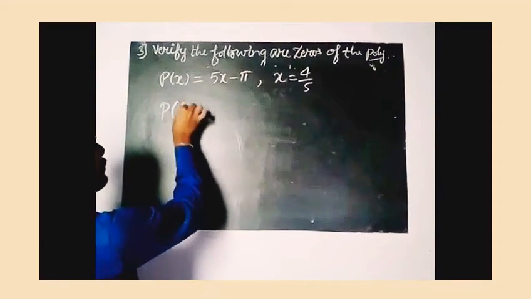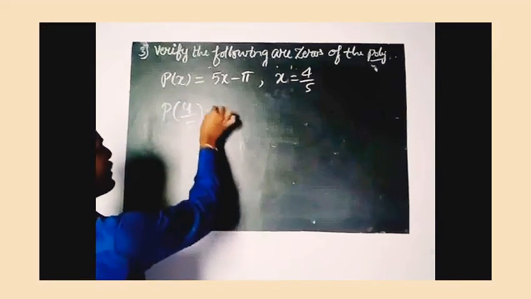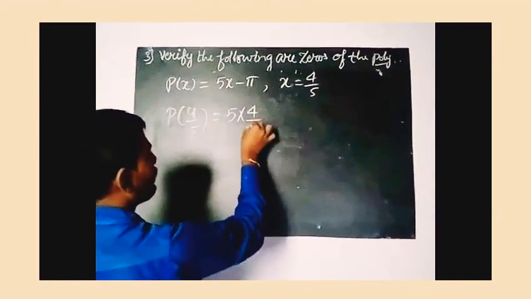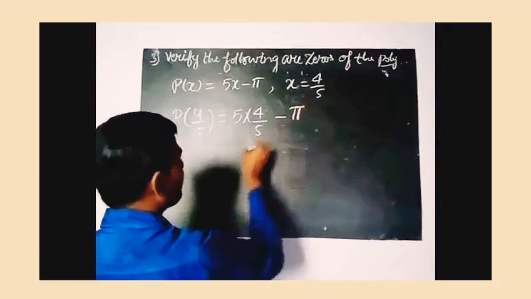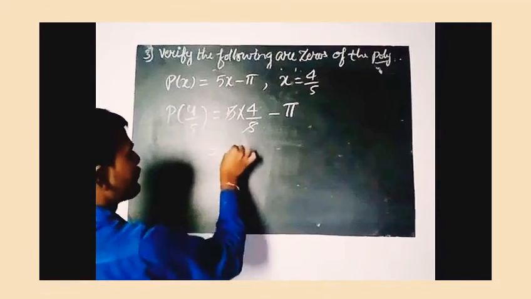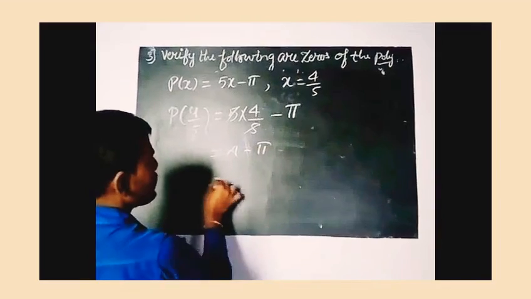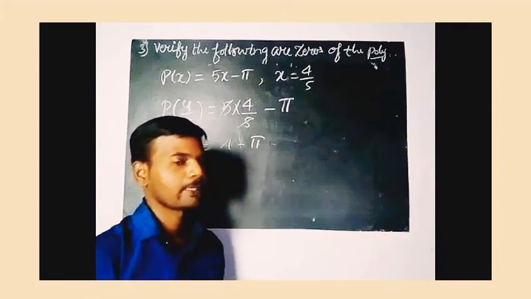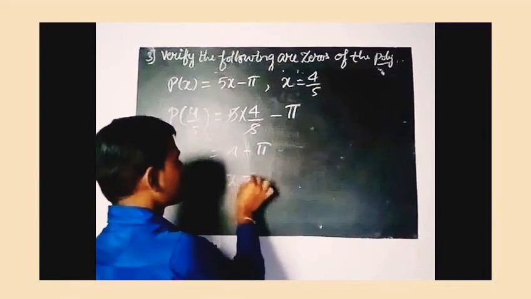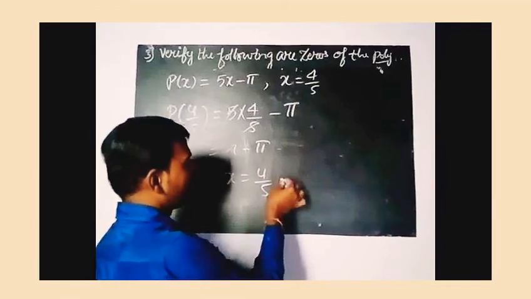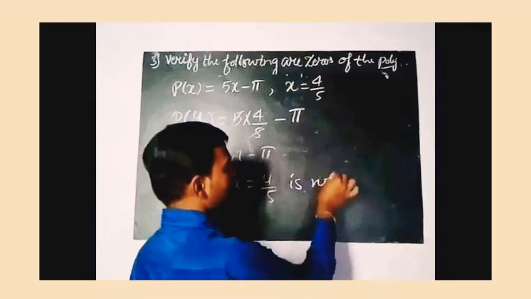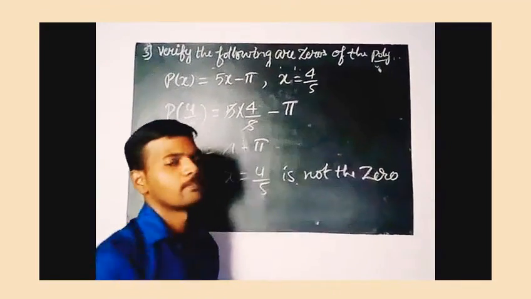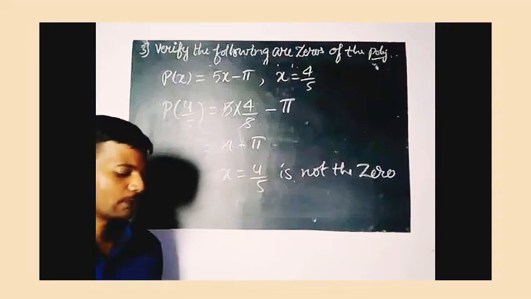P of 4 by 5 is equal to 5 into 4 by 5 minus pi. 5 cancels. 4 minus pi. So x is equal to 4 by 5 is not the zero of the polynomial.